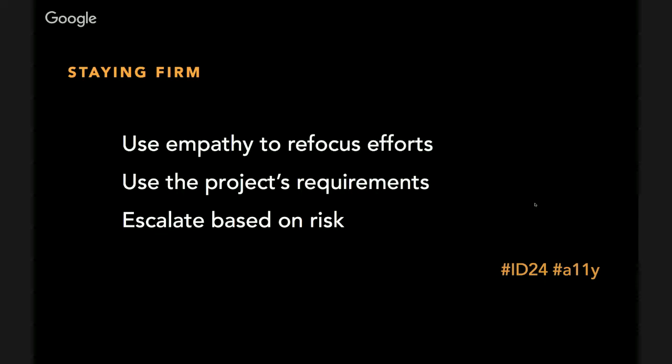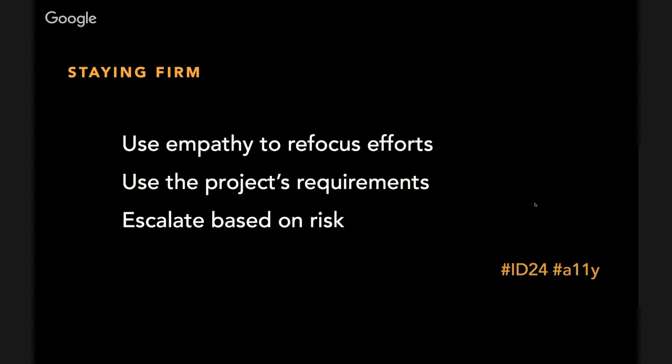So the way that I do that is I always try to lead with the empathy exercises to refocus folks' efforts. So always use the carrot rather than the stick, and then the stick can be both the project requirements, but also escalating any issues or risks to the appropriate stakeholders to reset priorities with the project from above if needed.